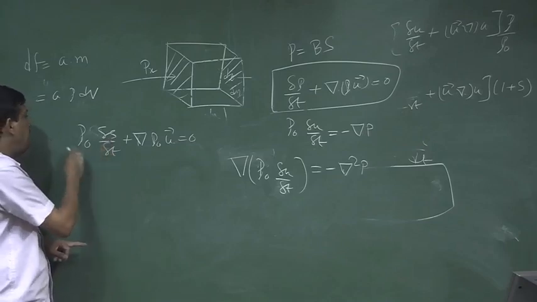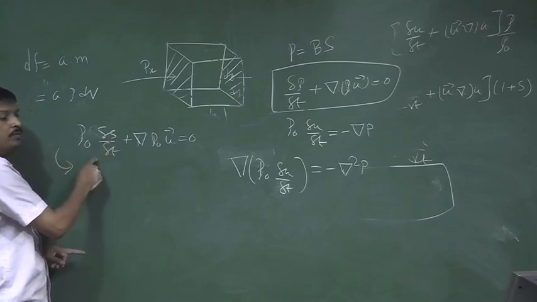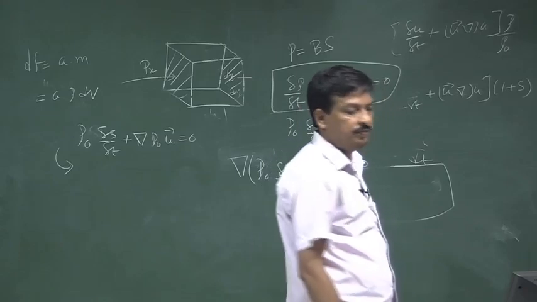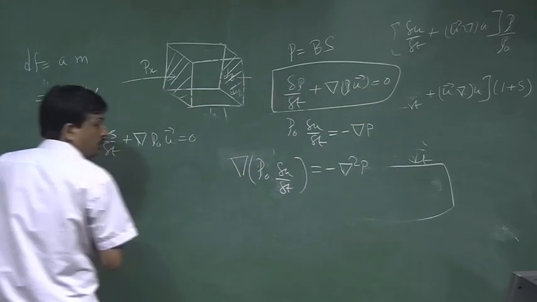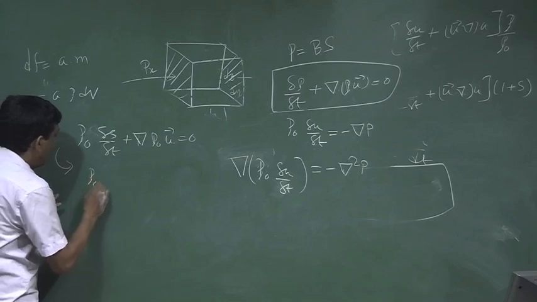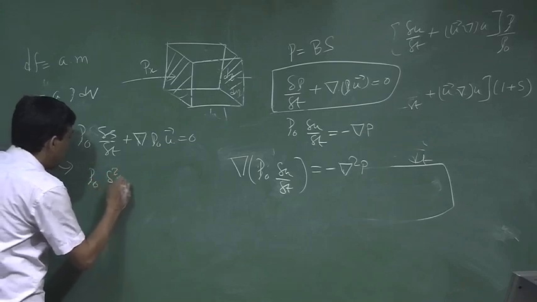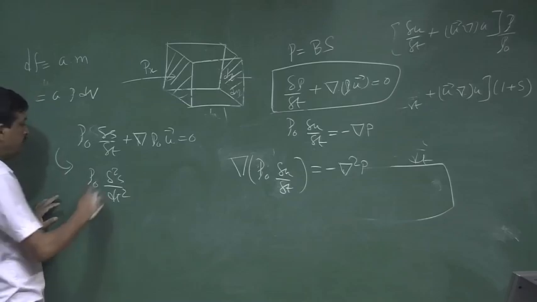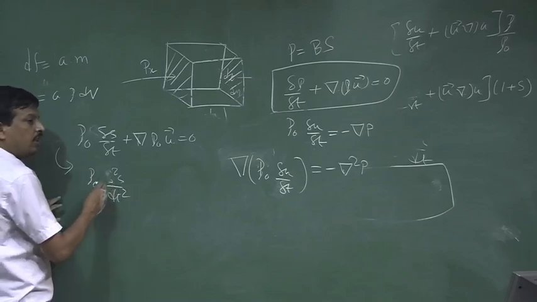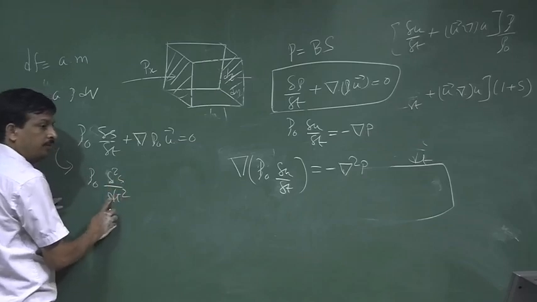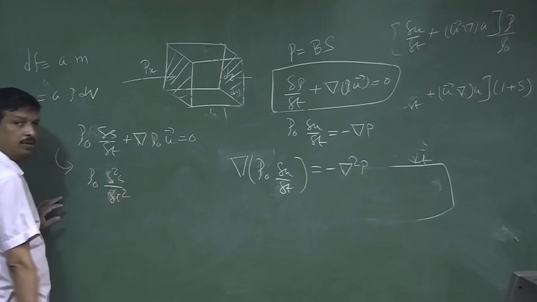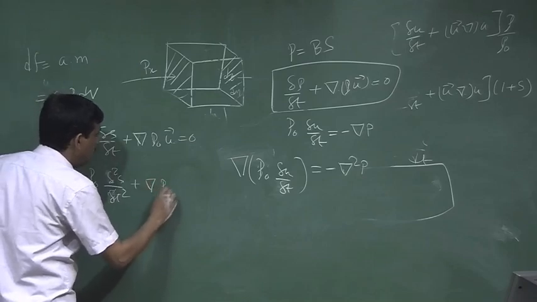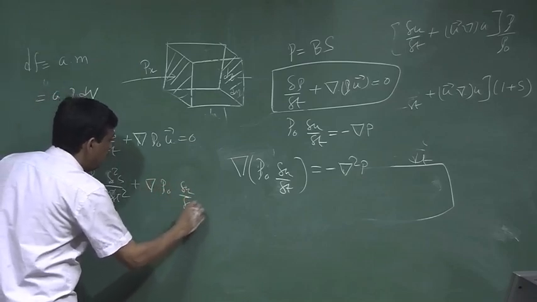Now, if I take the time derivative of this equation, what will I get? I take the time derivative on both sides. So, I get rho 0 del square s by del t square plus rho 0 del u by del t divergence is equal to 0.